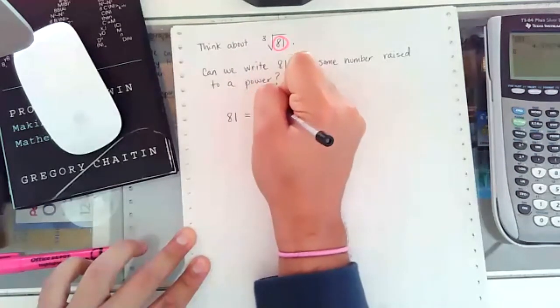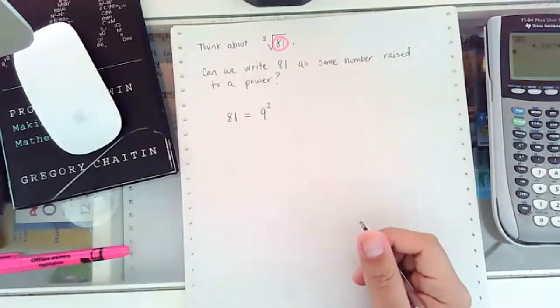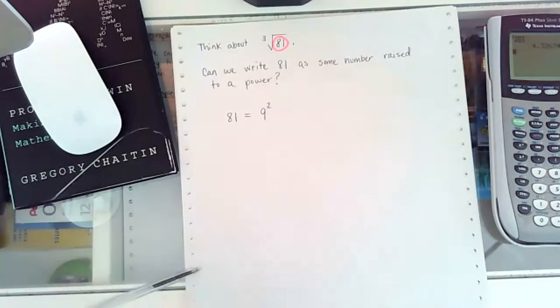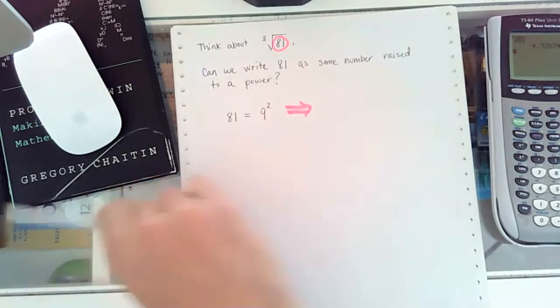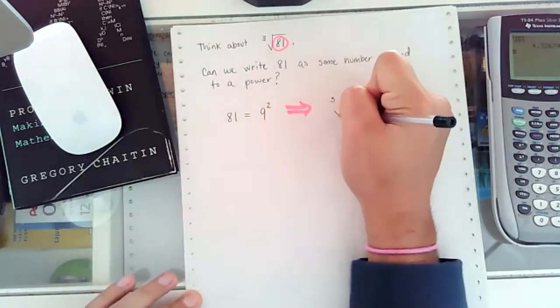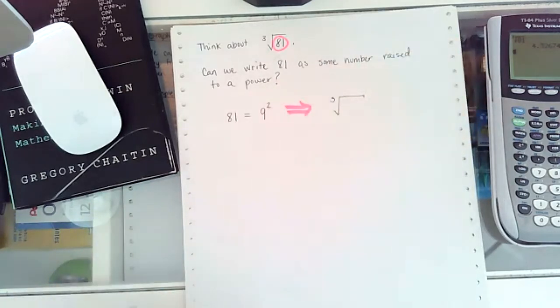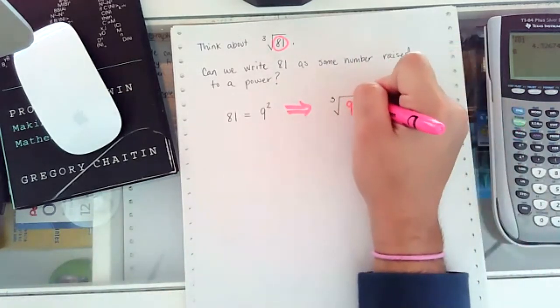Yes, 9 to the power 2. So if I rewrite that expression on the inside of the radical, we have the cube root of 9 to the second power.